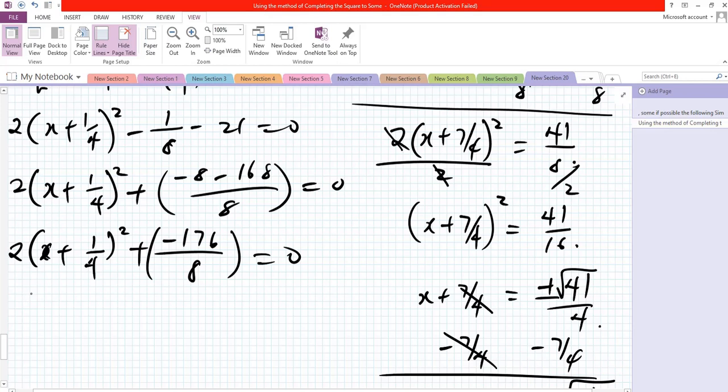Now you have 2 bracket open x plus 1 over 4 all squared.